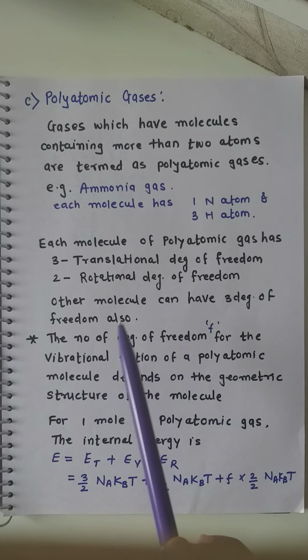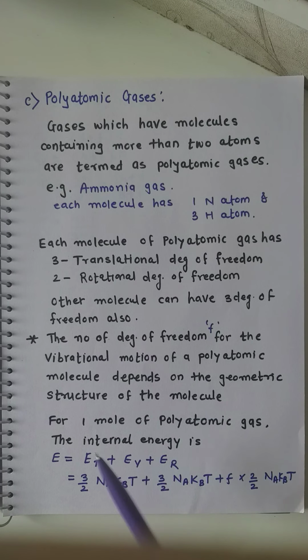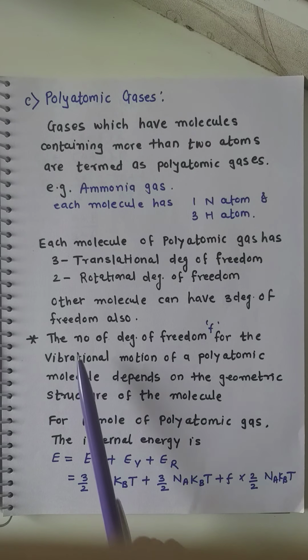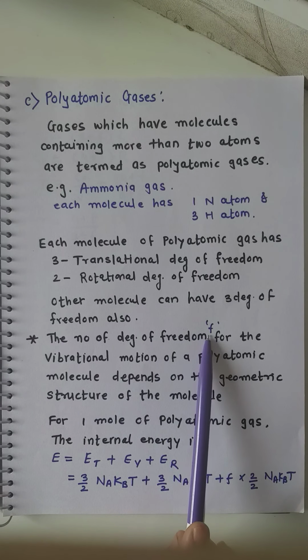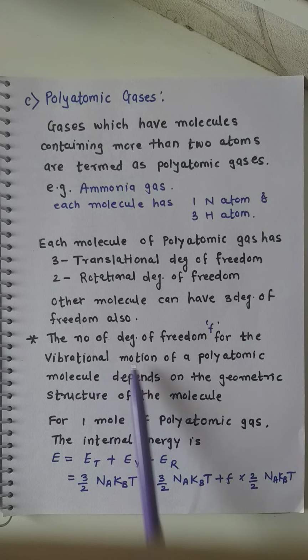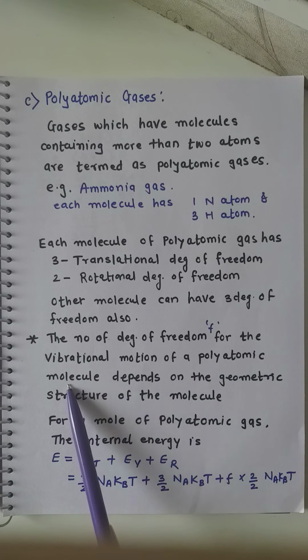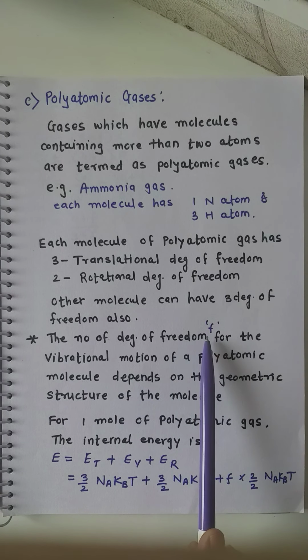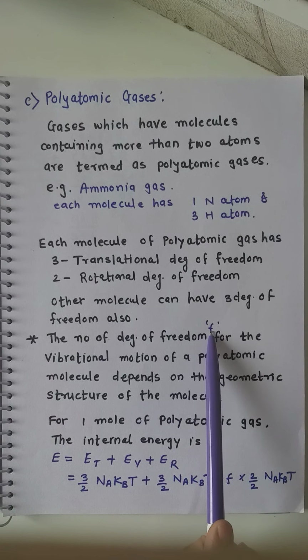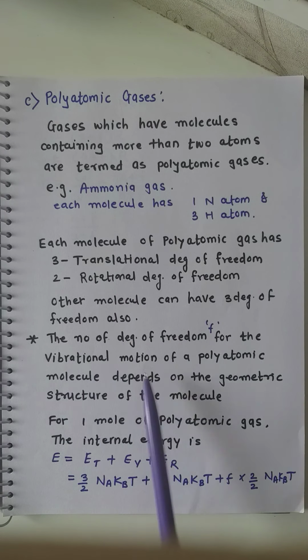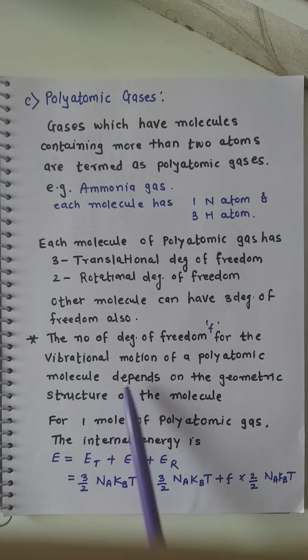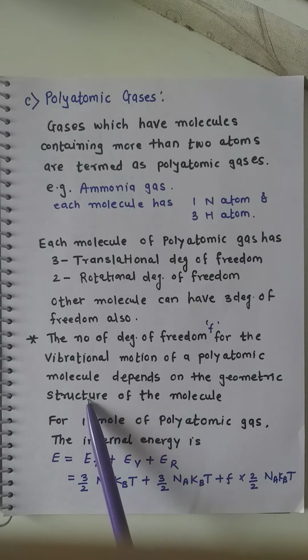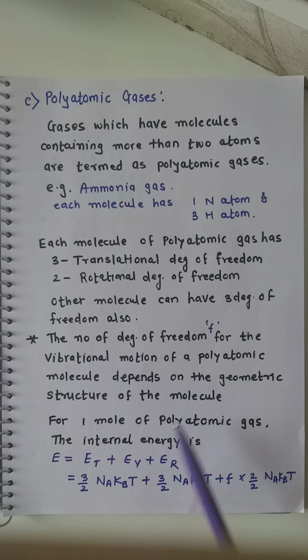The number of degrees of freedom for the vibrational motion of a polyatomic molecule, we don't know the number, so we write it as F. F degrees of freedom for the vibrational motion depends on the geometric structure of the molecule. It will vary according to its geometric structure.